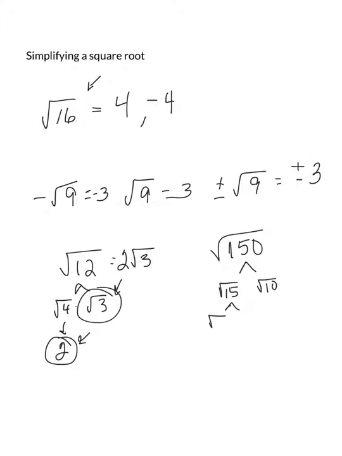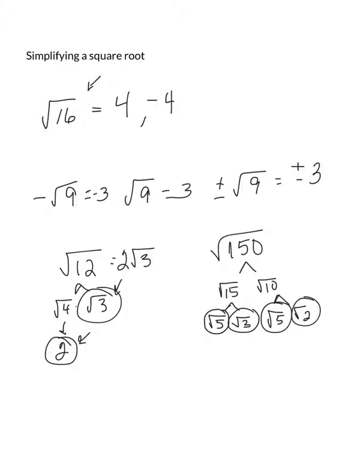So square root of 15 is square root of 5 times the square root of 3. Square root of 10 is the same thing as taking square root of 5 times the square root of 2. These are what I like to call my dead ends then. So root 5 can't be reduced, root 3 can't be reduced, root 5 can't be reduced, root 2 can't be reduced.